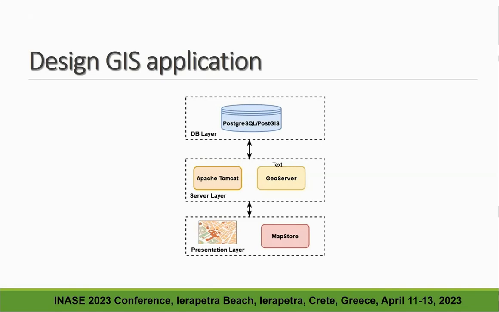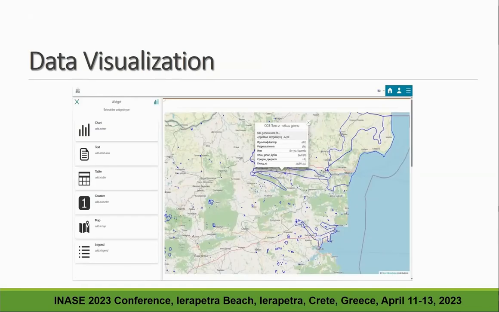The two software applications, GeoServer and MapStore, are products of the Italian company GeoSolutions. In order to visualize the data, a dashboard in MapStore was created to provide a set of information suitably collected to show aggregated data in one view.